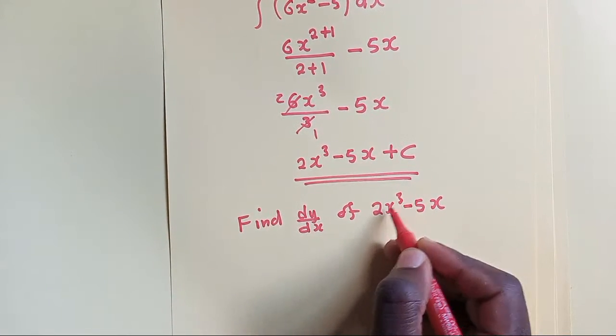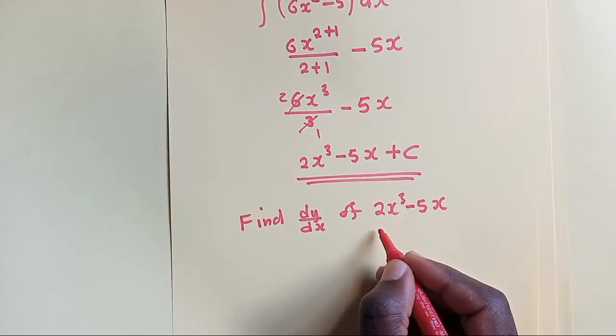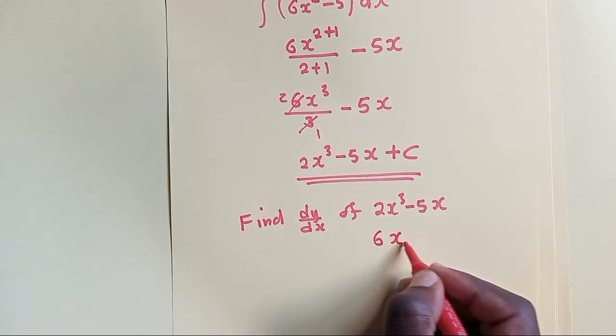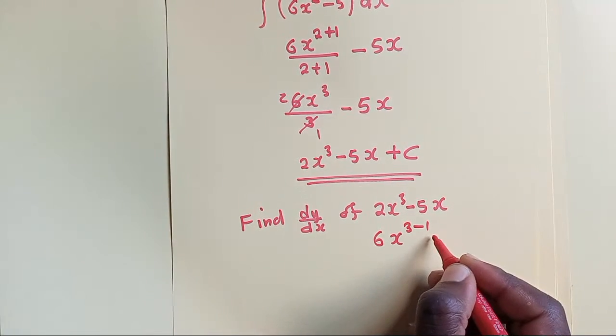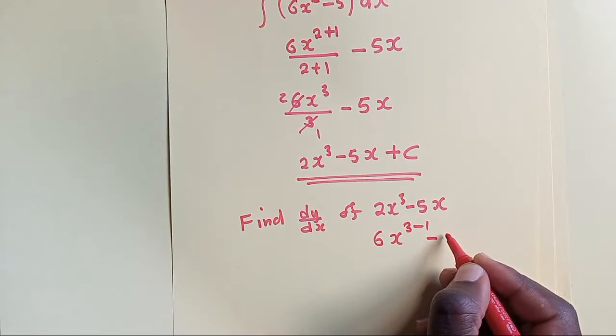So it will be 3 multiplied by 2, which is 6, and to the power here we subtract 1. Is that clear? For the next term, what power is here?